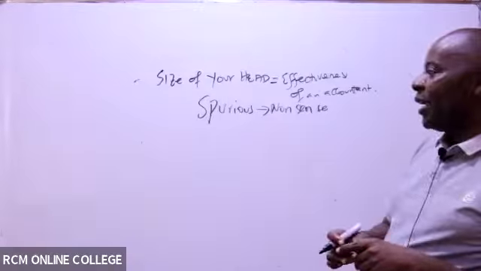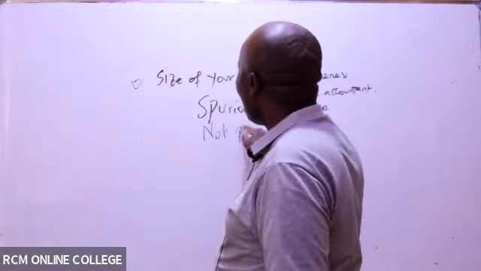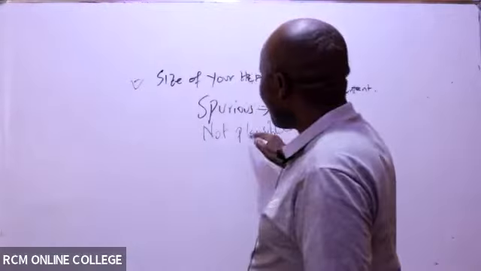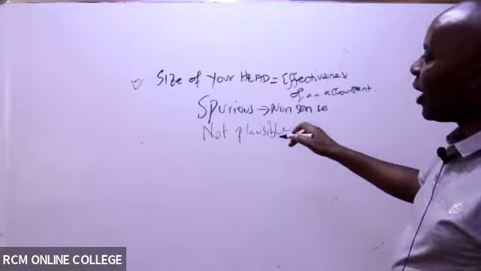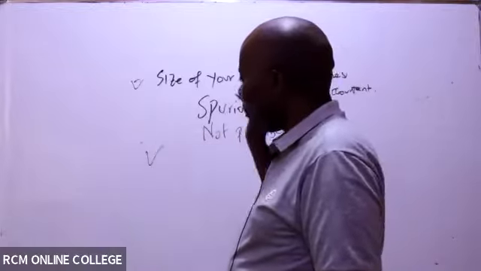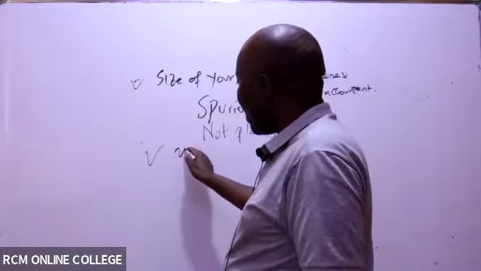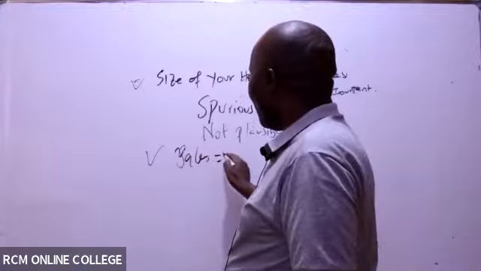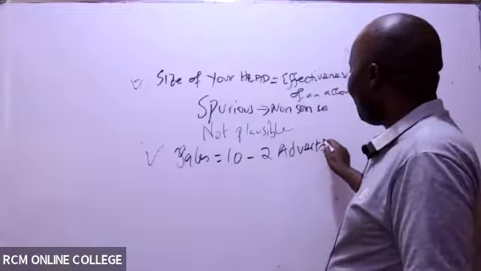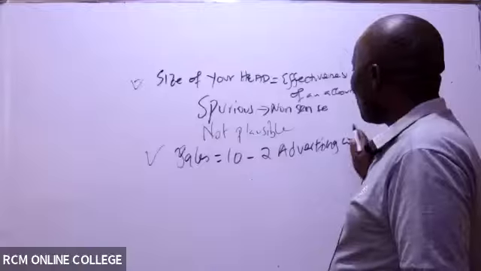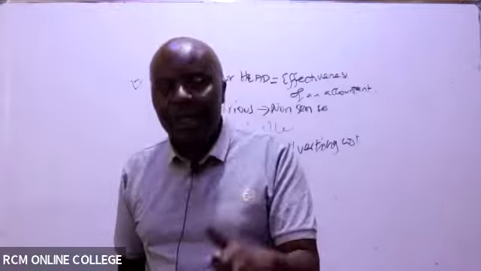What about this one? Let me ask you another question. So this one is never plausible, not plausible. Remember, plausibility is about an economic relationship, a relationship which makes sense. All right. And then now we have this one, my good students. So we have here an equation like this. So we have sales equals 10 minus 2 advertising cost. So for sure we know that advertising and the sales are related, because if you advertise more, then you sell more.